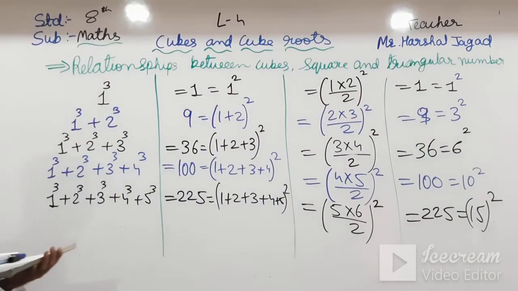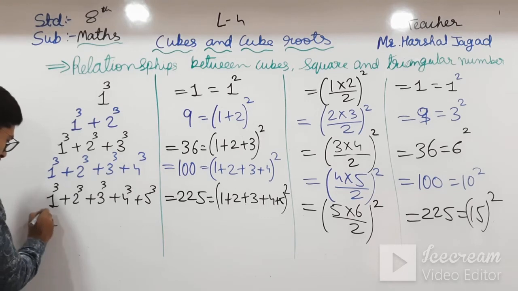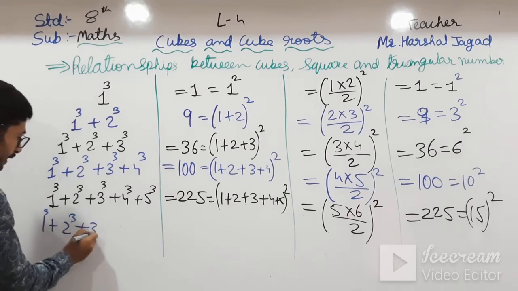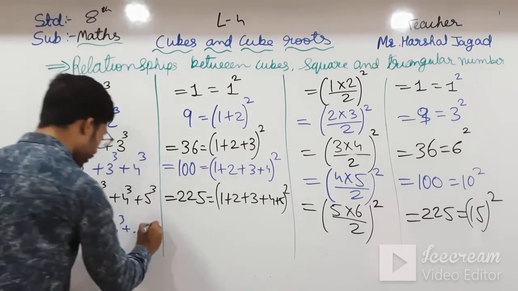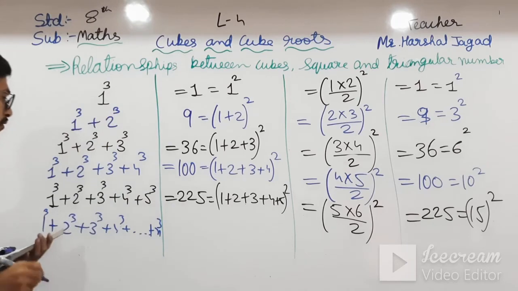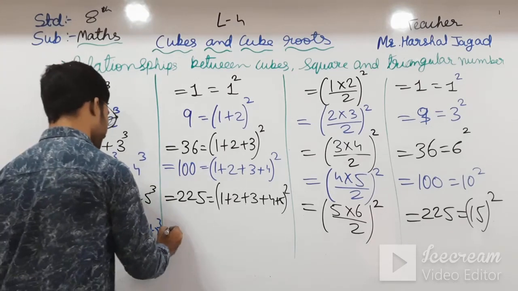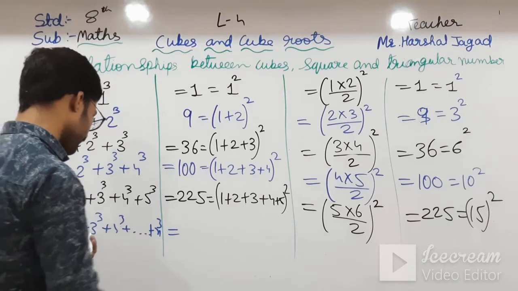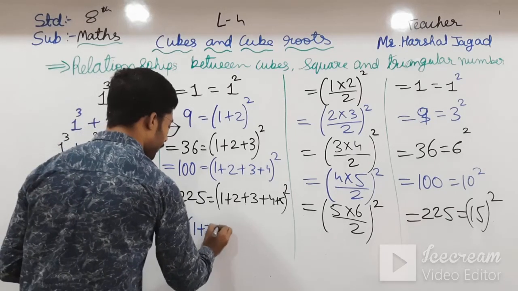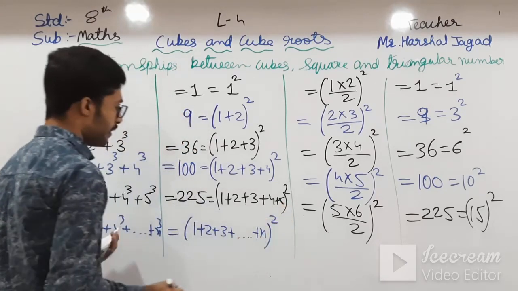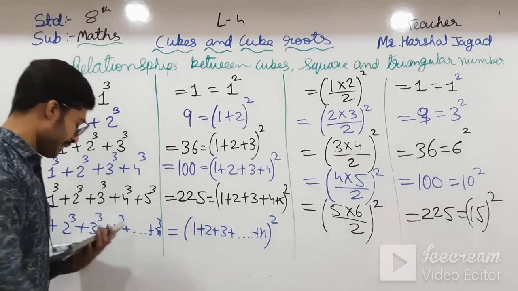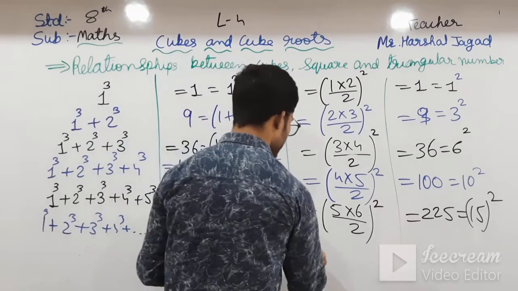Okay students, now from this we can conclude that if we take up to n, 1 cube plus 2 cube plus 3 cube plus 4 cube plus up to n cube, what will we write here? Can anybody tell me, students? 1 plus 2 plus 3 plus up to n, whole square.